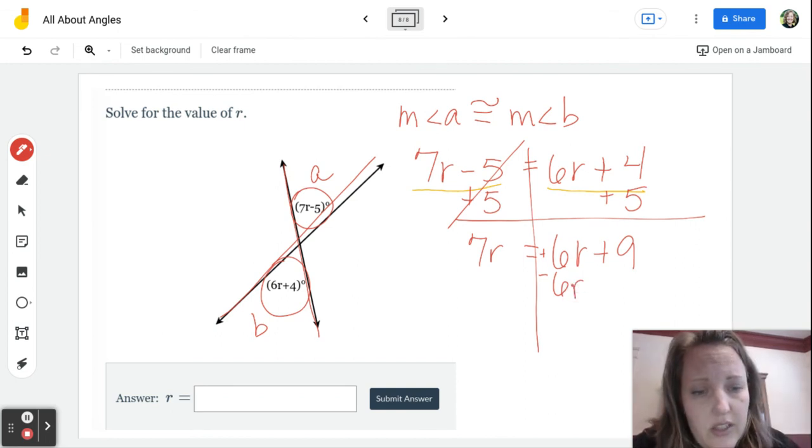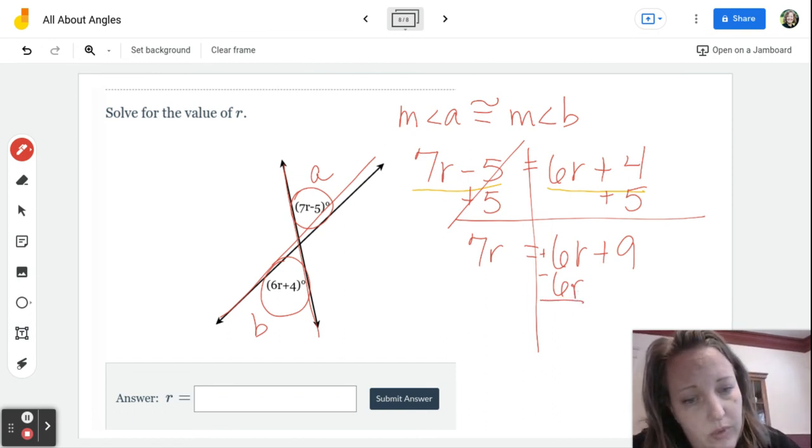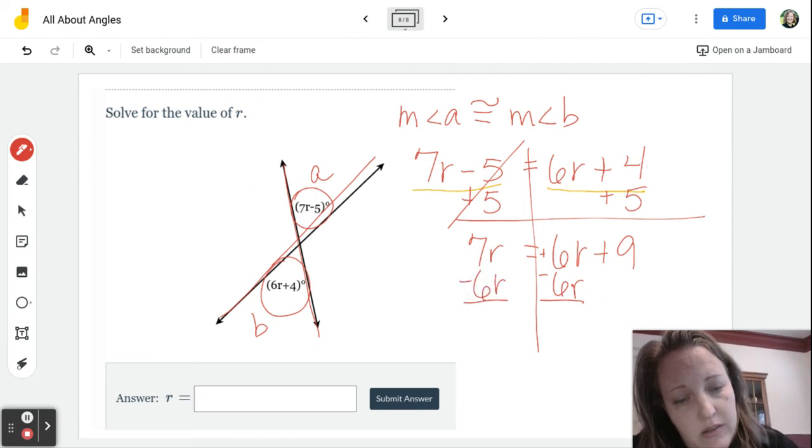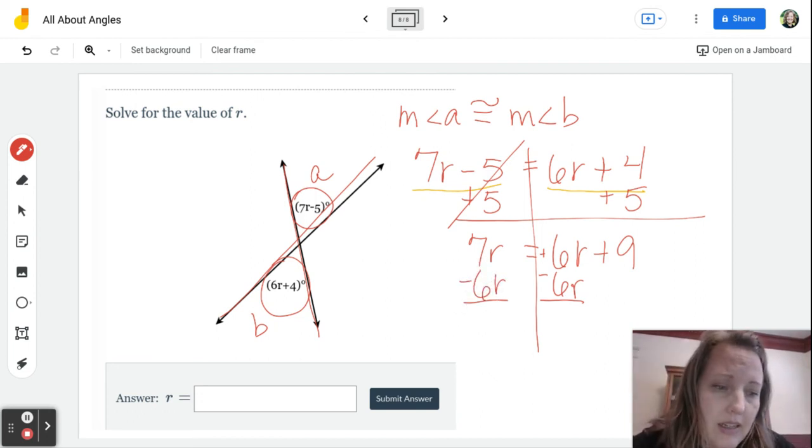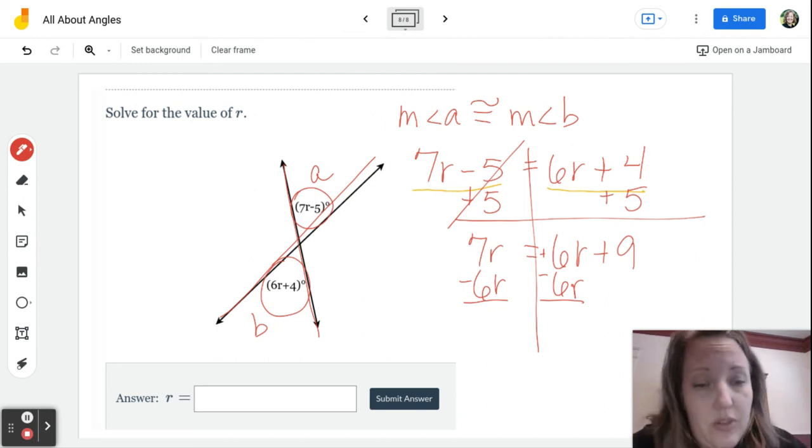I think it's hard to see that sometimes. People confuse it when it's a leading coefficient like that. So we're going to do the same thing here. Minus 6r. Notice I use the words minus and negative interchangeably.